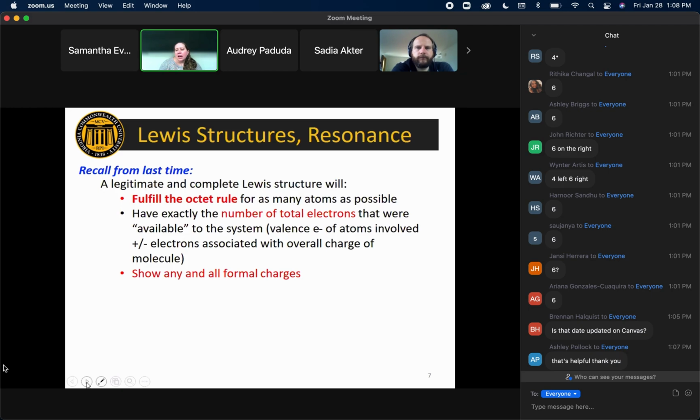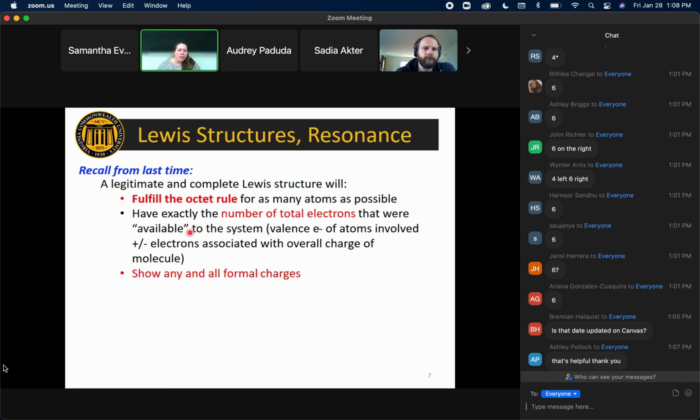It does need to have the right total number of electrons. So it needs to have the number of electrons that came in as valence electrons of the atoms involved in making that molecule, plus or minus the number of electrons associated with the overall charge of the molecule. And remember, if it's a negatively charged molecule, that means it has to have more electrons. And if it's a positively charged molecule, it'll have fewer electrons.